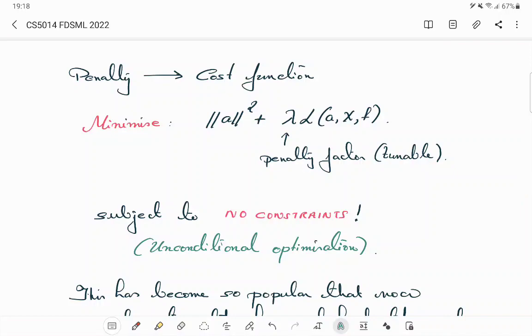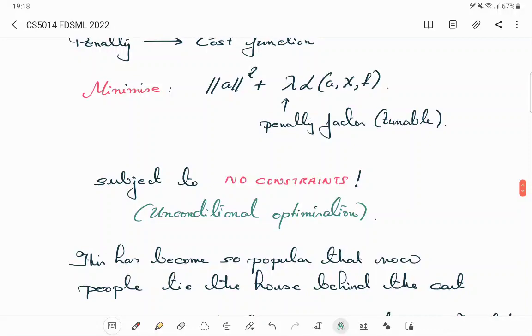There are many techniques to solve it. I'll remark about this cost function in a moment. But before going there, this idea of moving the constraints as penalties into the cost function has become so popular that now people almost think about this cost function in the opposite way.